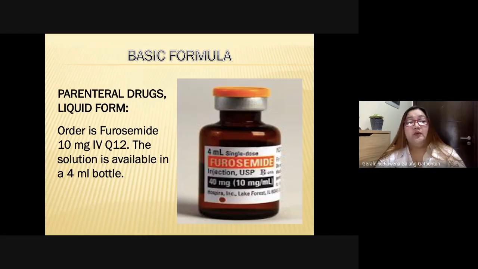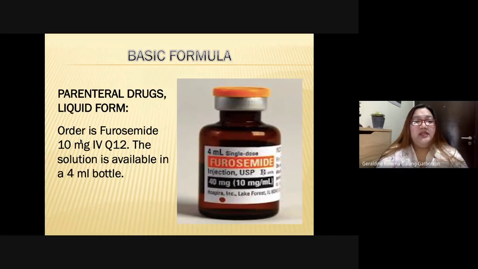So what is our D? Desired dose is 10 mg. Now, it says the solution is available in 4 ml bottle, which means itong bottle na ito, which we specifically call a vial, 4 ml ang laman. Okay?